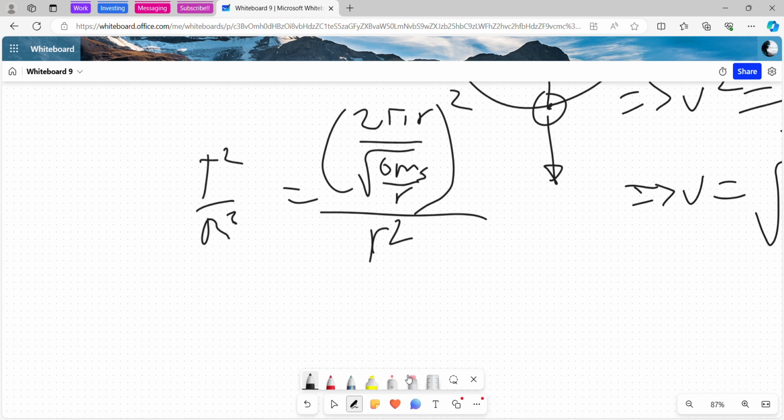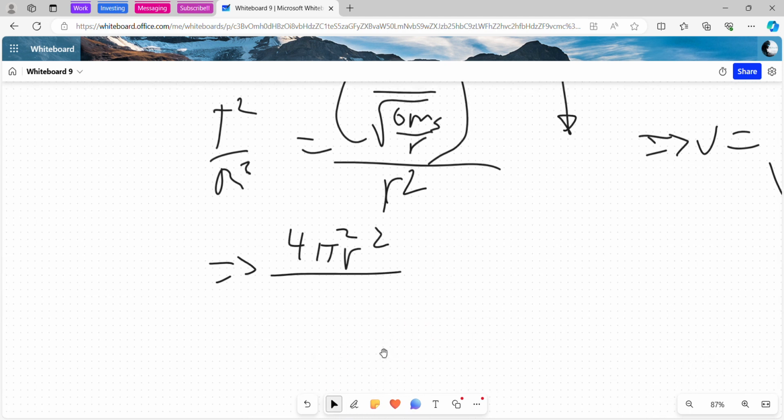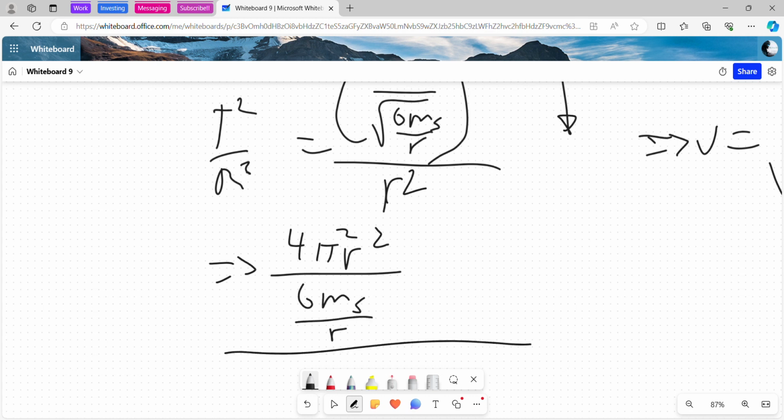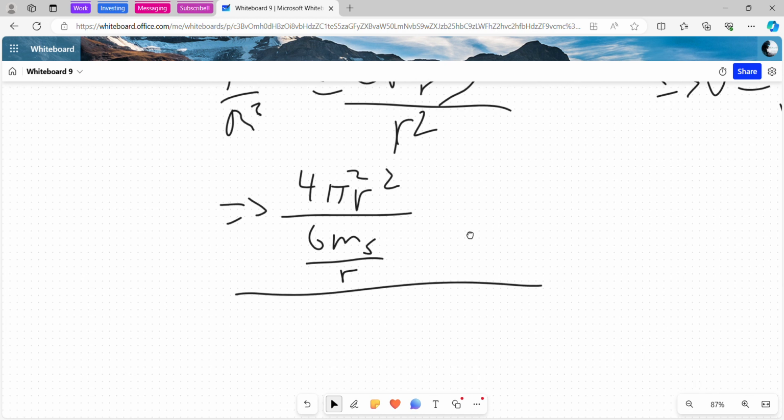And now we can see that if we do some simplification, let's square the top. If we square the top, we get 4 pi squared r squared divided by, when we square the square root it goes away, so that's GMs divided by r, and that whole thing over r squared.